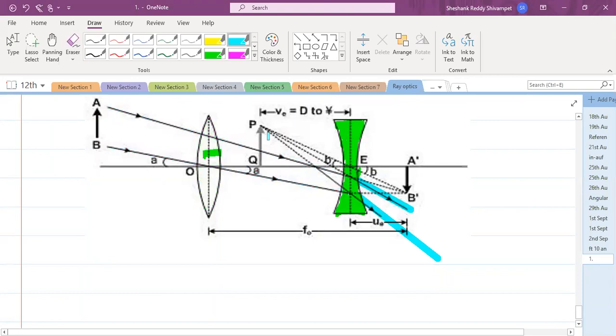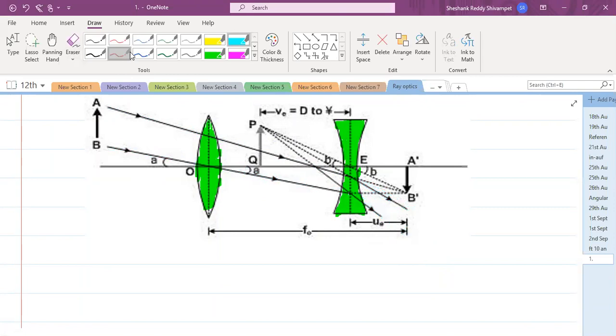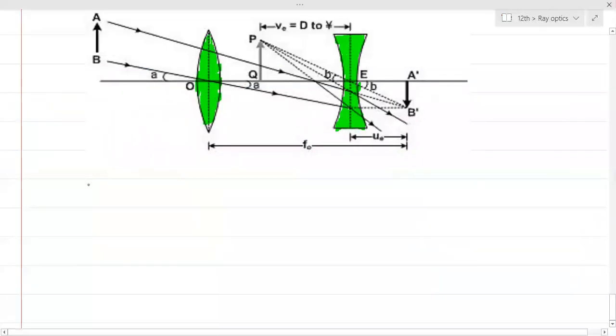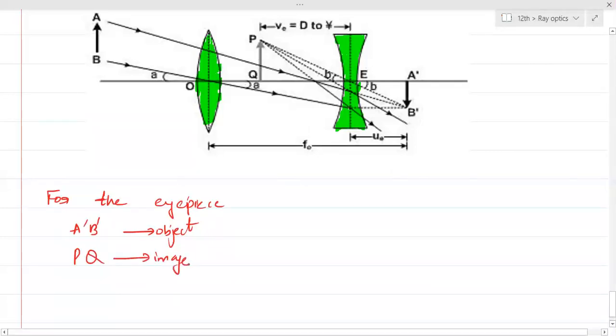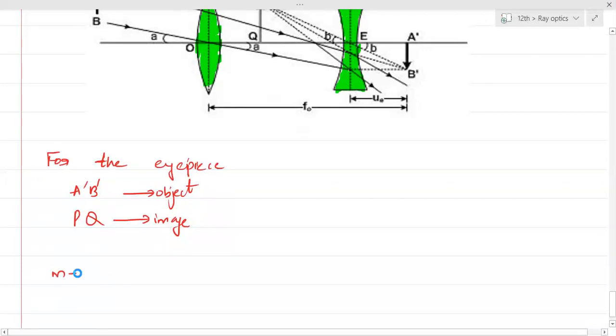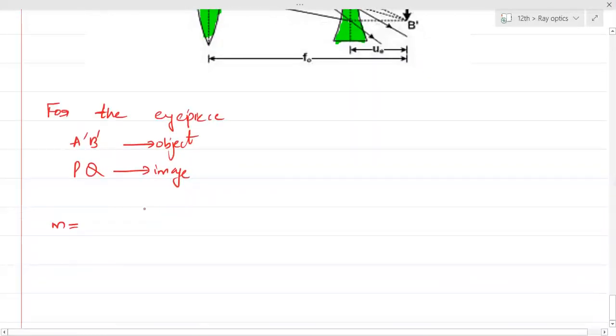For the eyepiece, I'll leave the derivation to you, you can do it by yourself. According to this diagram, A dash B dash is the object and the image is PQ. Even in this case, you'll get the same formula for angular magnification, but it will just be positive.